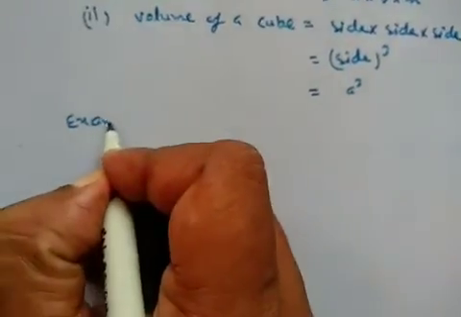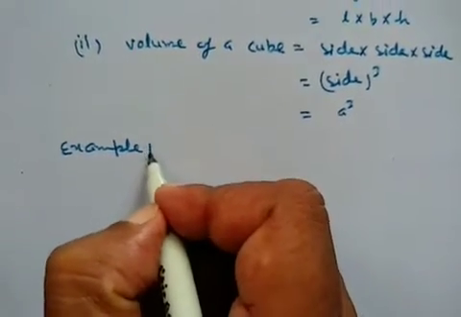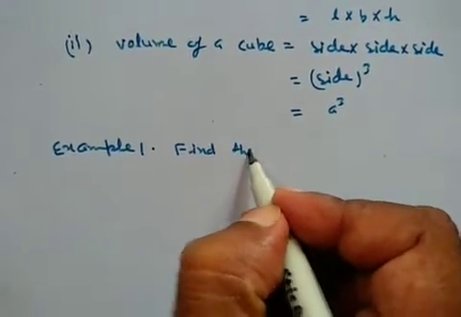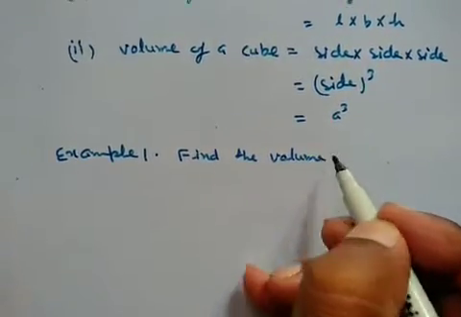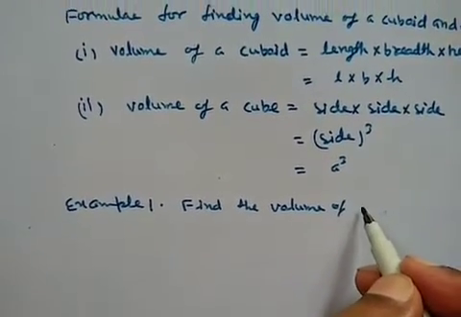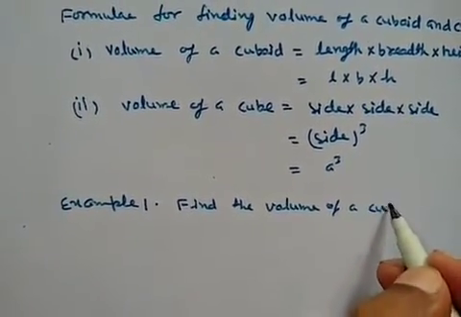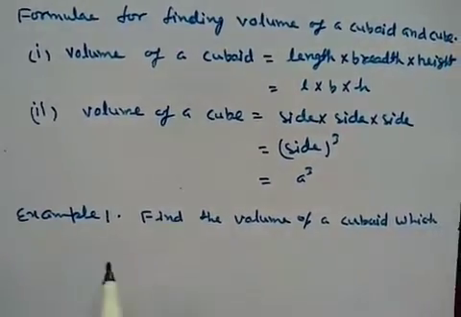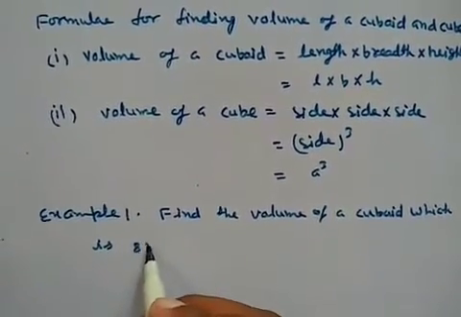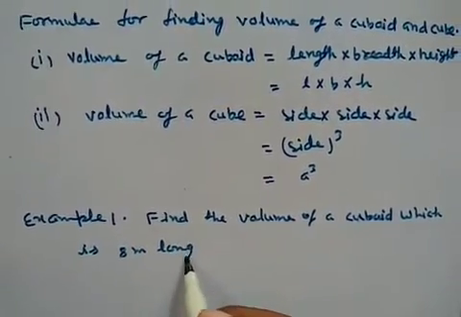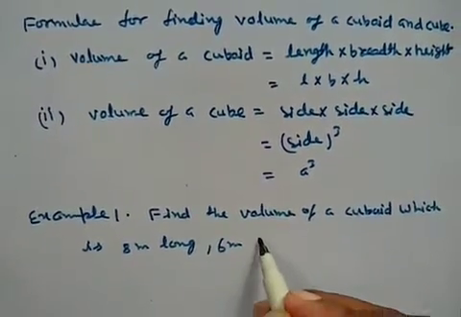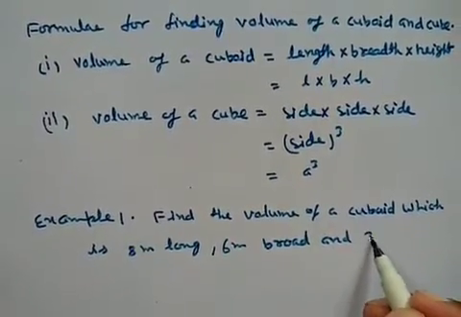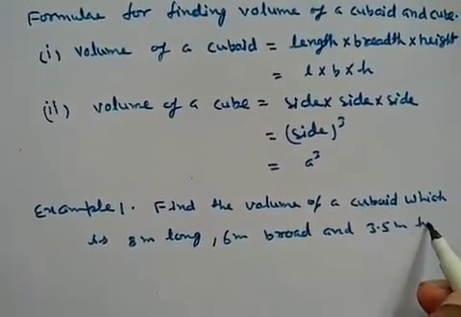Example 1. Find the volume of a cuboid which is 8 meter long, 6 meter broad and 3.5 meter high.